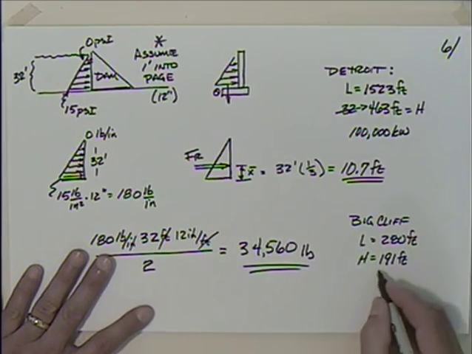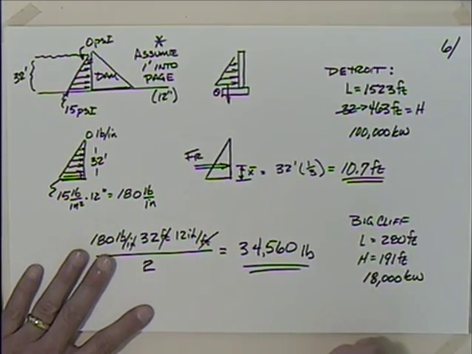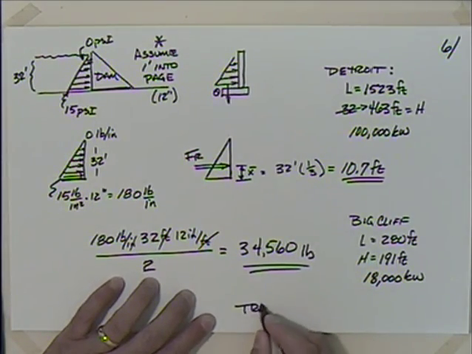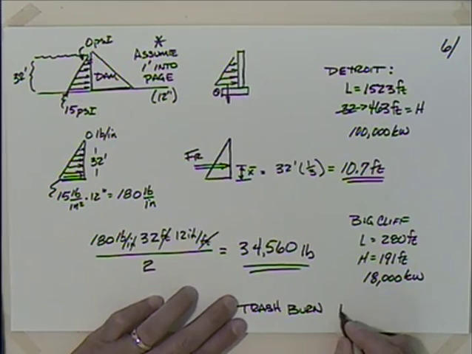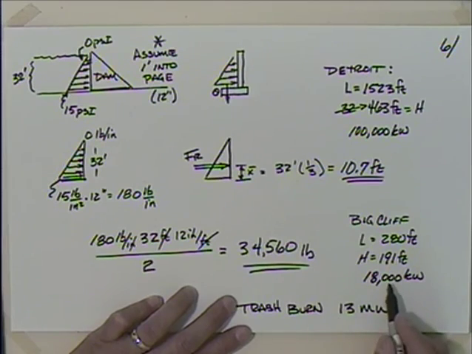Okay, and Big Cliff is about 18,000 kilowatts. And those numbers probably don't mean much, but if you think about the trash burner right there in Brooks, the trash burner is about 13 megawatts, which is going to be 13,000 kilowatts.